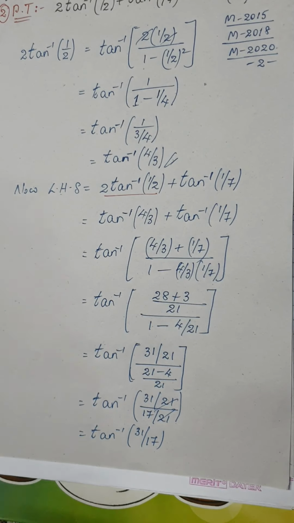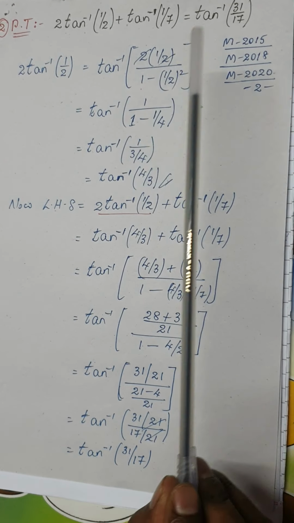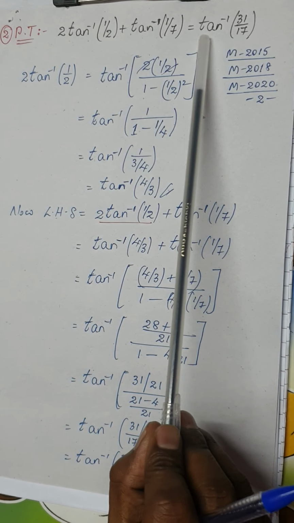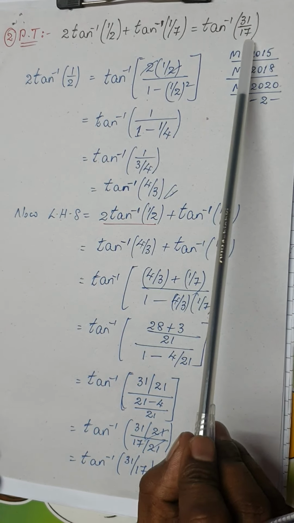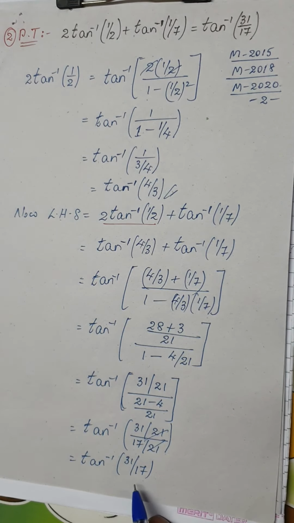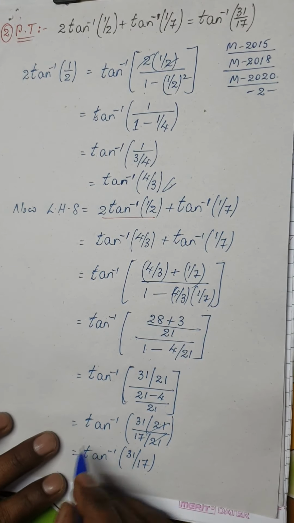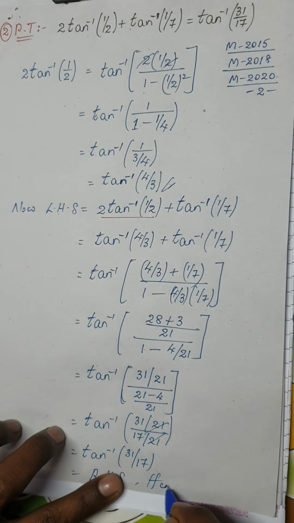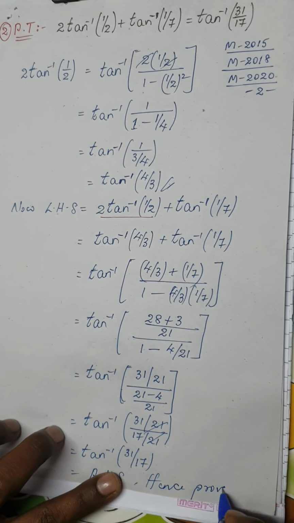You can check it clearly. That is what I have to prove here. The LHS should be tan inverse of 31 by 17, and I have got the solution as 31 by 17, which is nothing but the RHS, and I can just say hence proved.